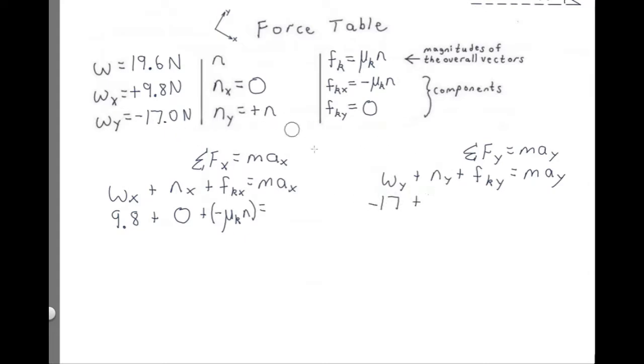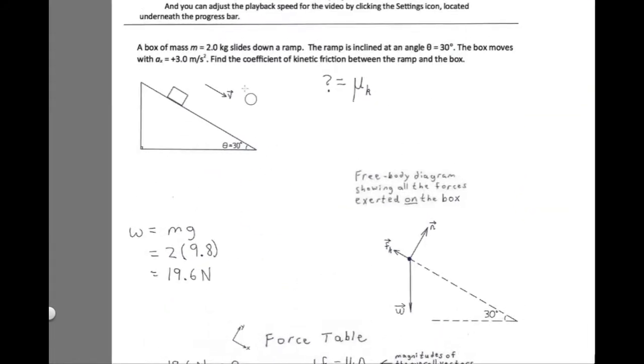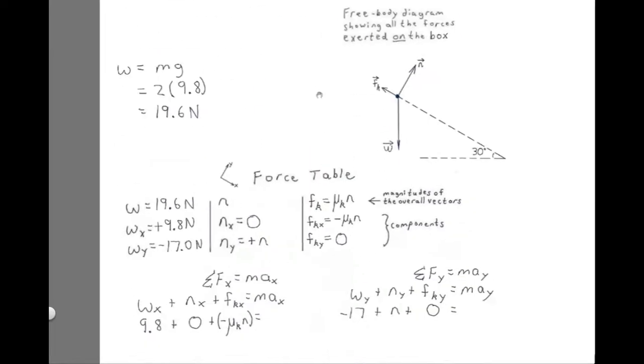N sub y is n. F sub ky is 0. The sigma symbol means add, but notice that some of the components that we're adding include negative signs. Here we're adding a negative component, and here also we're adding a negative component. For the mass, we should plug in 2 kilograms.